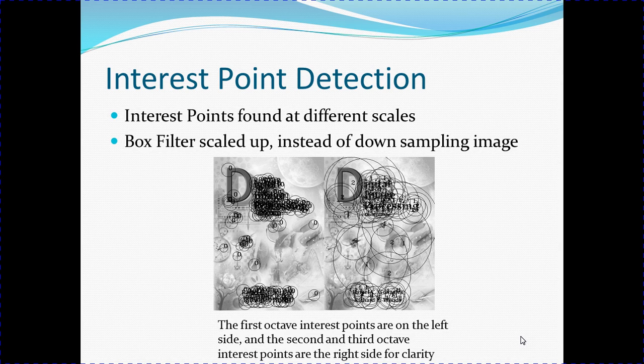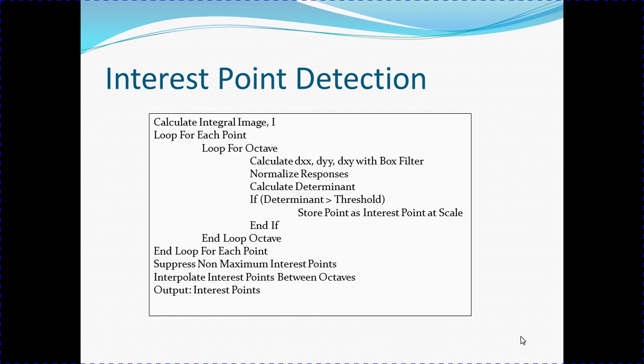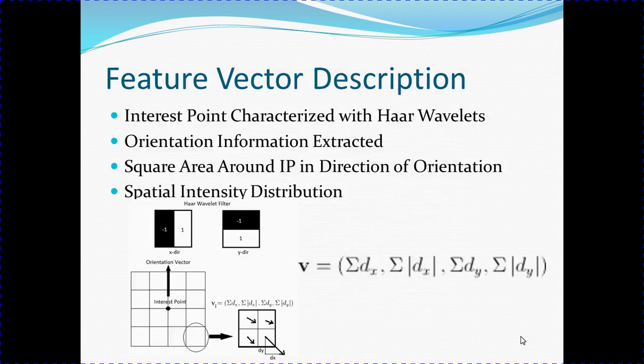And then the remaining points are interpolated between different scales. Here you can see a representative image of interest points found using the detector. And here's some sample code, pseudocode, of the basic algorithm, and you can take a look at that.